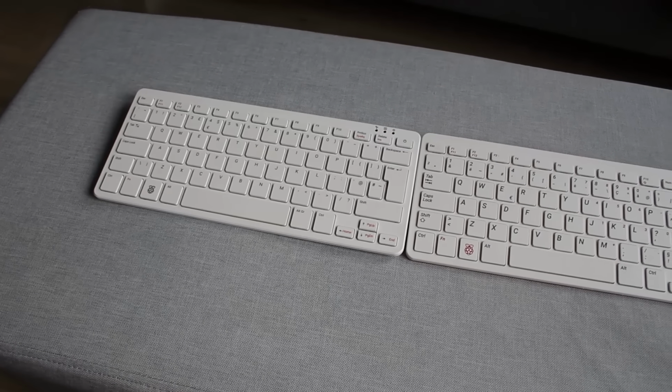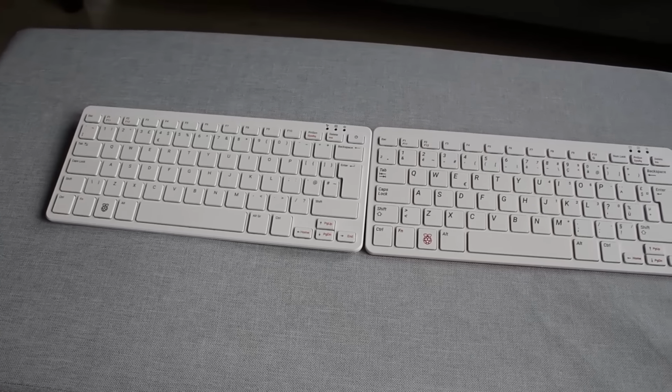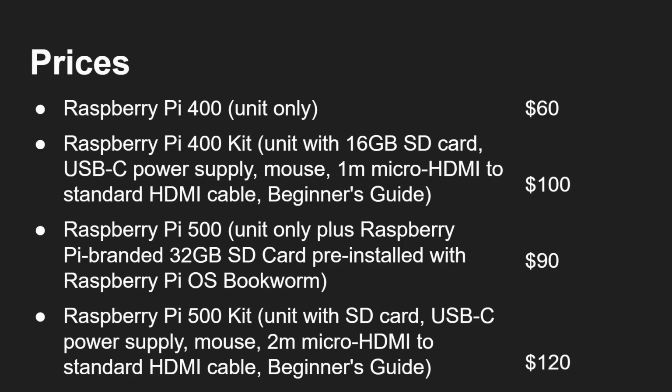What does that mean in terms of pricing? Well, you could pick up a Pi 400, the main unit only, no SD card, no power supply, no cables, for $60. If you wanted the Pi 400 kit, which gives you a 16GB SD card, USB power supply, mouse, HDMI cable, and a beginner's guide, you'd pay $100.